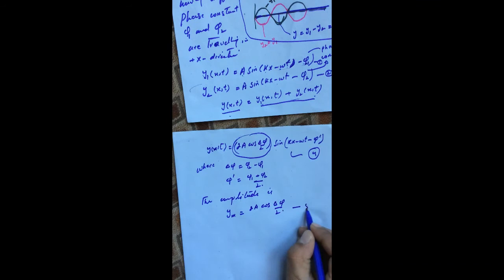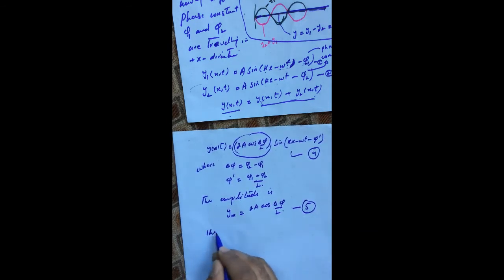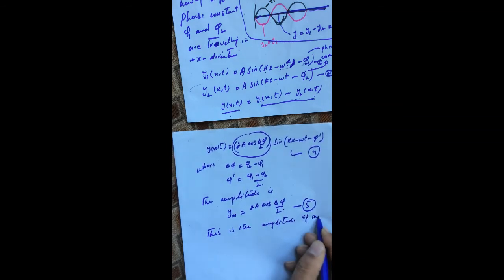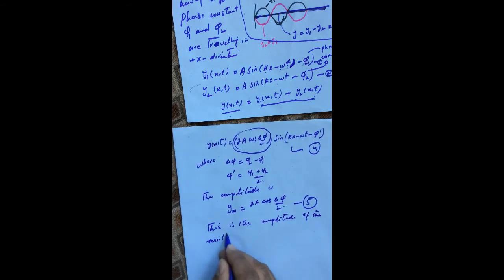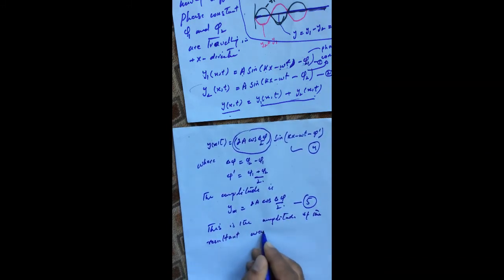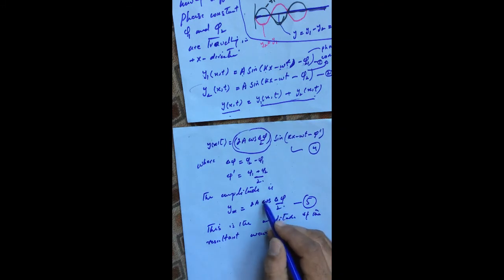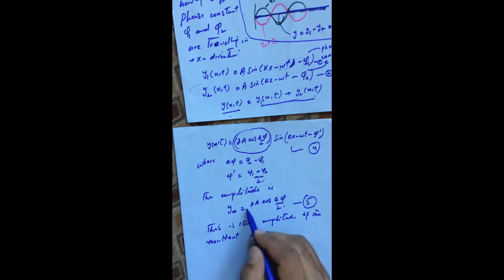This is equation number 5, the amplitude of the resultant wave. Now this amplitude depends on cos del phi over 2. If the value of this cos is 1, we call it constructive interference. If its value is 0, we call it destructive interference. We will discuss both constructive and destructive interference in the next video.